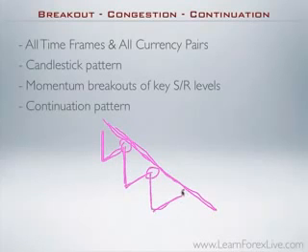Every time price touches that trend line, price bounces off of that diagonal level. So we are going to be waiting for momentum breakouts of that level, which means we need to wait for the trend line to actually break before we can search for our specific pattern.